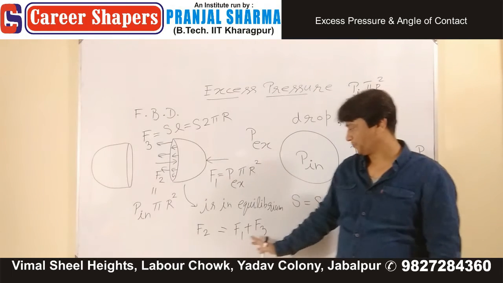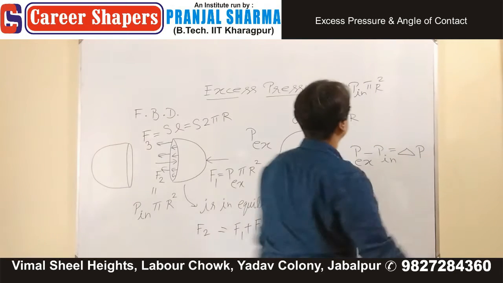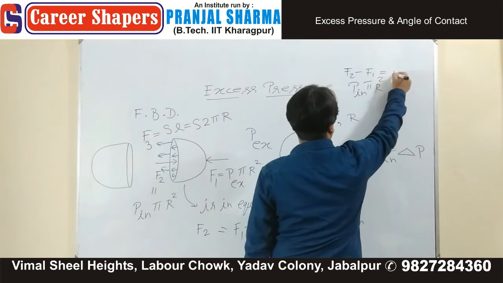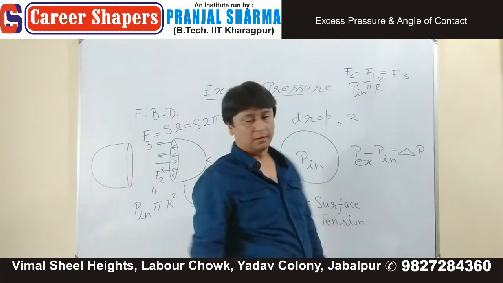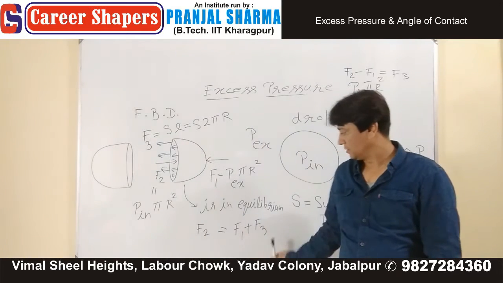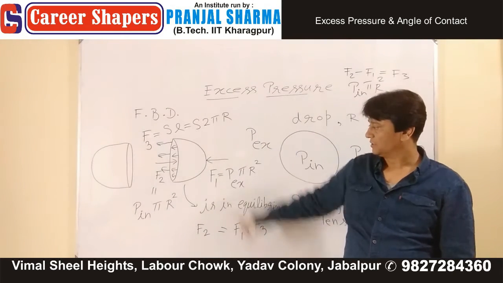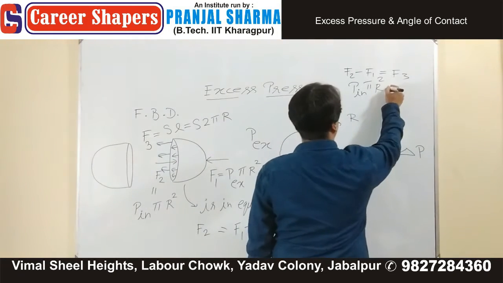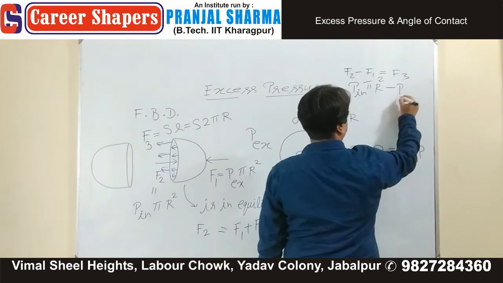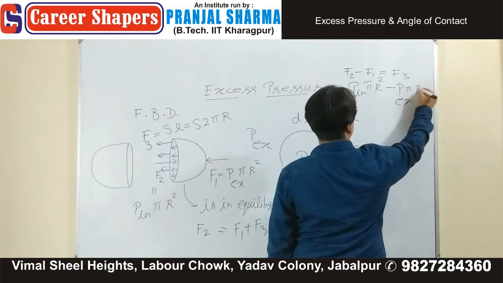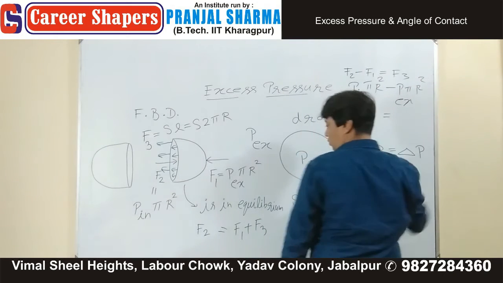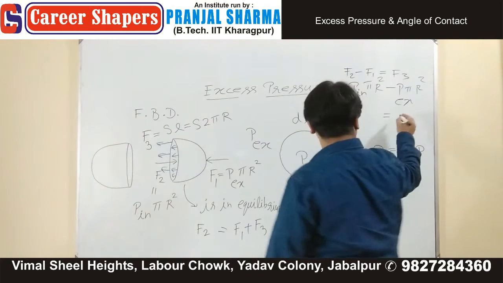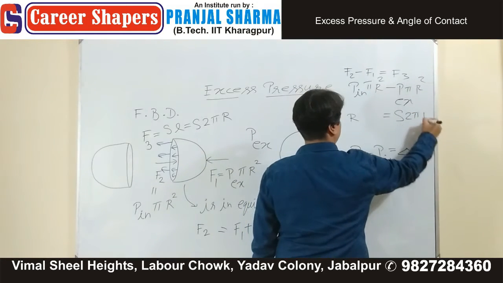So this is F2 minus F1, which is equal to what? F3. F2 is P internal into pi r square, minus F1, which is P external into pi r square, and this is equal to what? F3, which is S into 2 pi r.